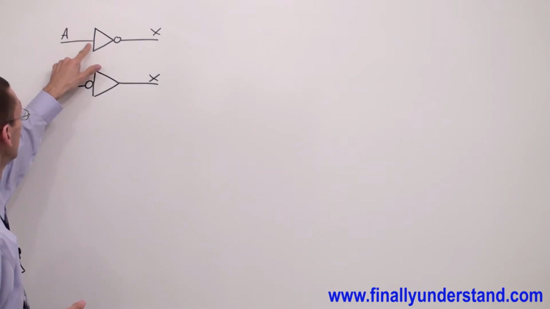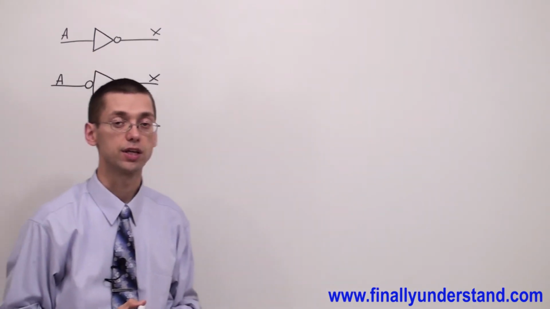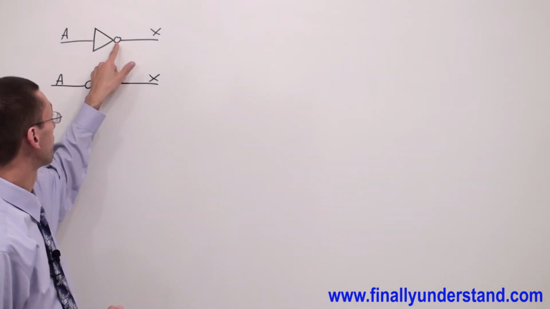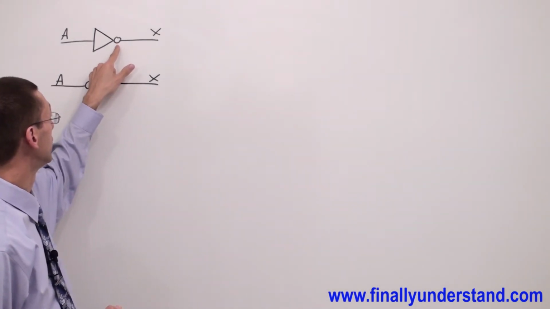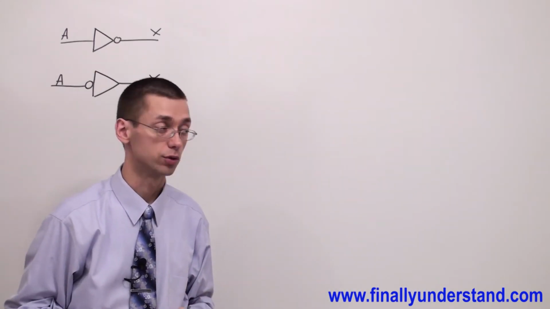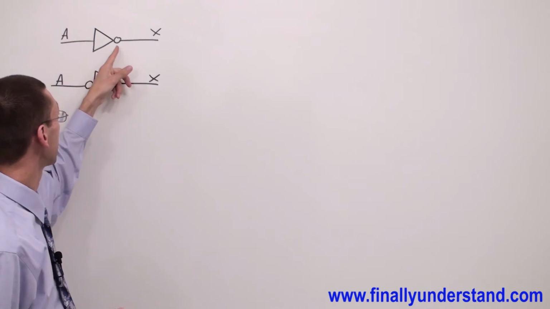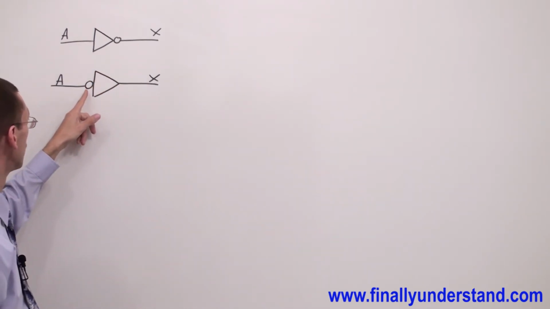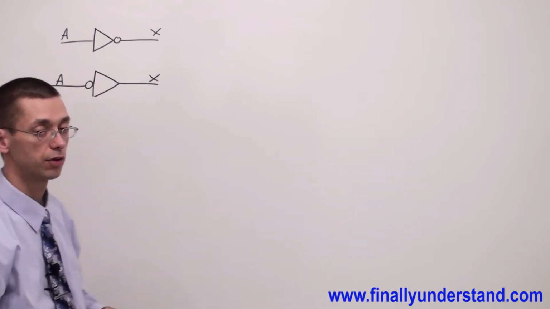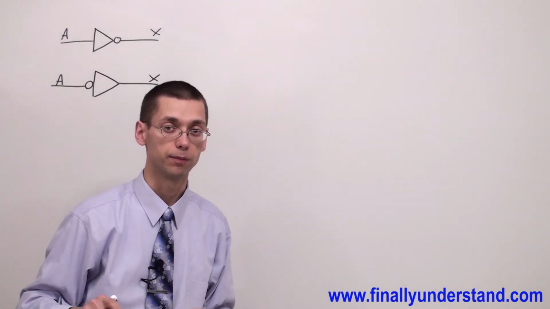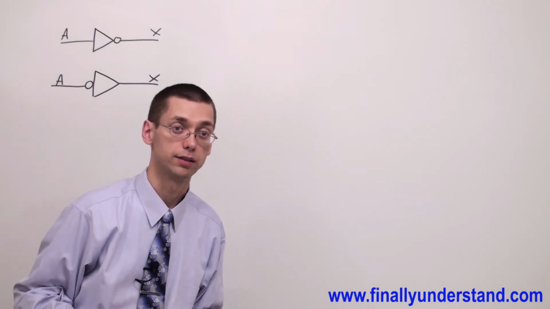Anytime we have no bubble, it means that this is an active high input. And anytime we have a bubble, this time at the output, it means this is an active low output. So we have active high input and active low output. In this case, we have active low input and active high output. What it really means, you are going to learn in the next lessons.